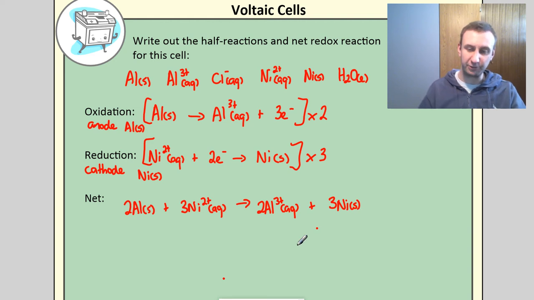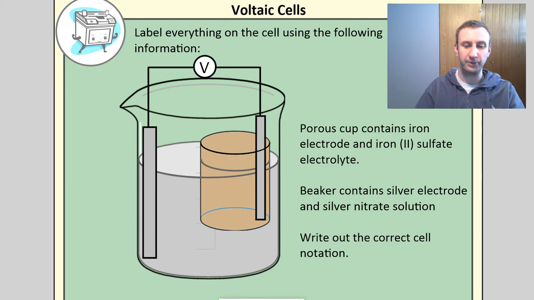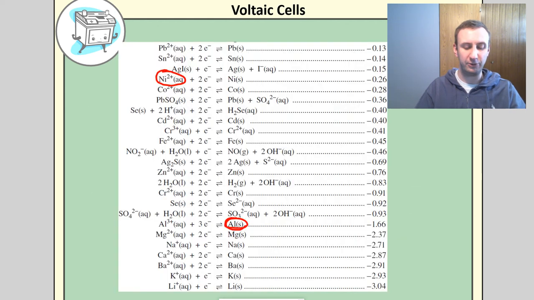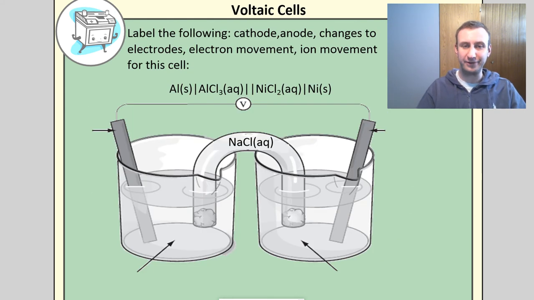I can double check and make sure I'm right by looking at the charge and making sure it balances out. I've got 6 positive for the nickels, 6 positive for the aluminum, so my charge works out. It looks good.